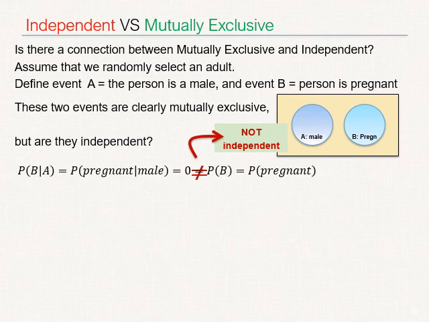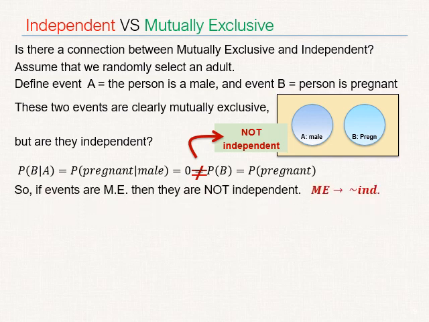If two events are mutually exclusive, they are not independent. We can write that using some abbreviations: ME gives us not independent. So if two events are mutually exclusive, we know they are not independent.